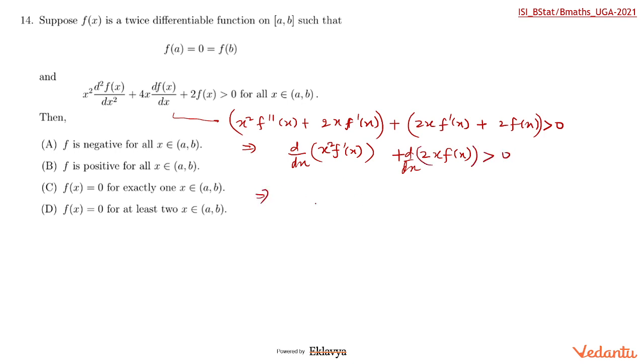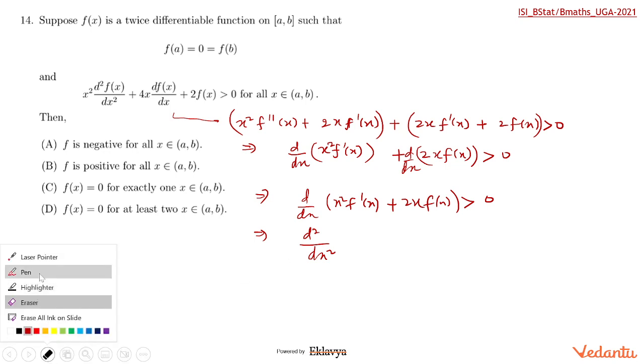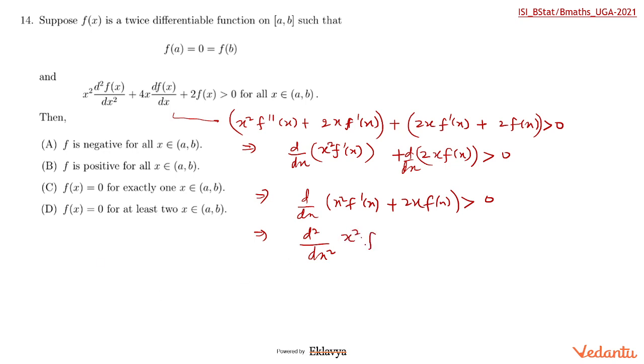Now clubbing these two also, d by dx of (x square f dash x plus 2x f(x)), we are getting d 2 by dx square of x square f(x). So finally you will get this is greater than 0. It means x square into f(x) is a function whose second derivative is positive. All right.